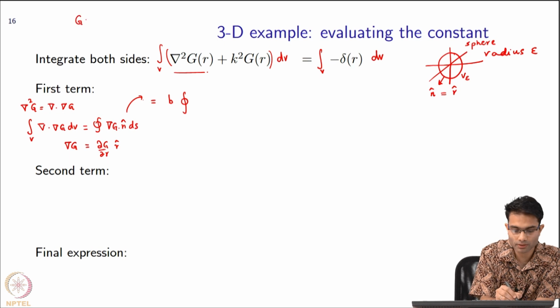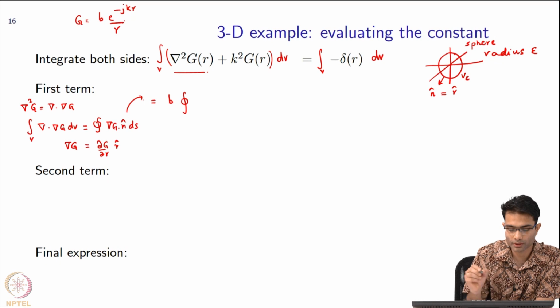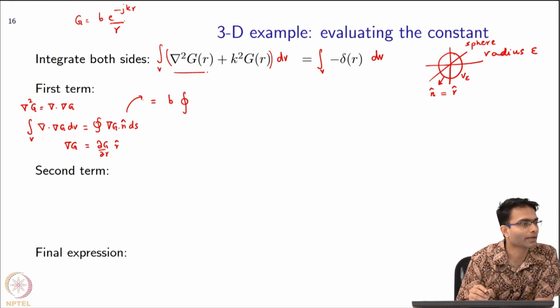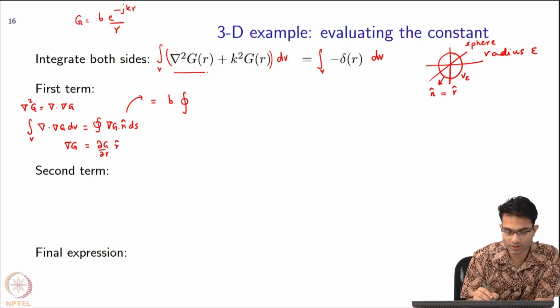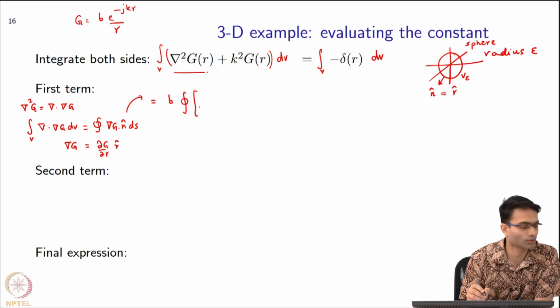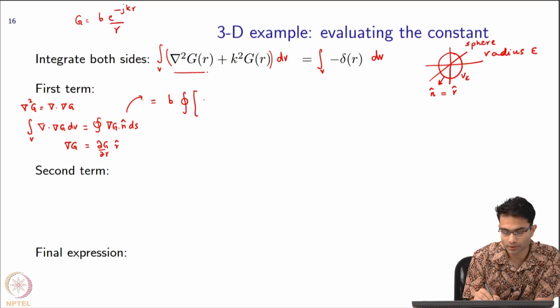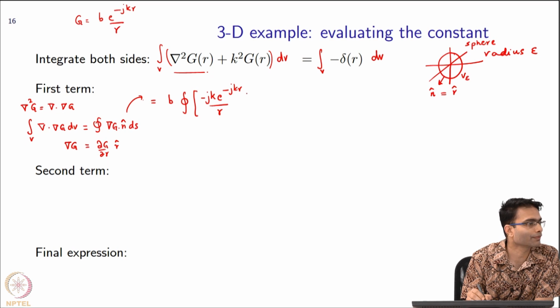I will just write it over here, b e to the minus j k r by r. Okay. So I have to take the derivative of this with respect to r. So the first term will be, let us say, minus j k e to the minus j k r by r. Okay. The second term will be the derivative of 1 by r, which is minus 1 by r squared.